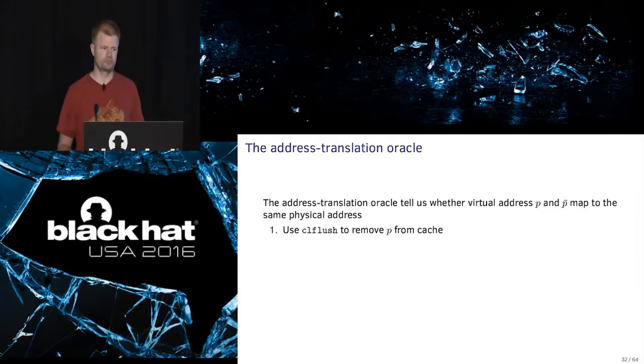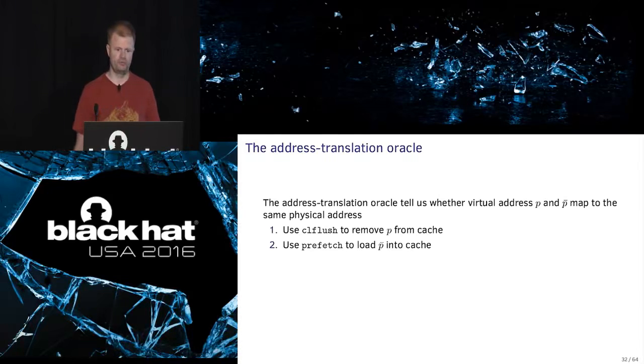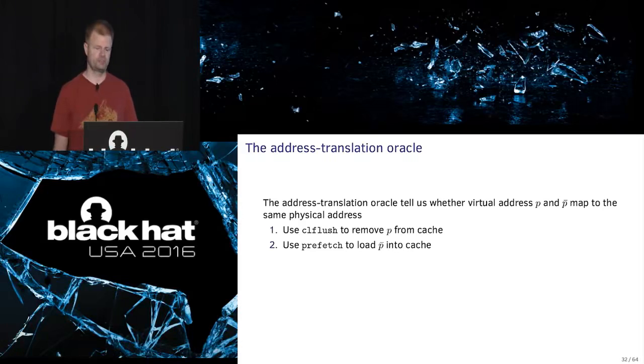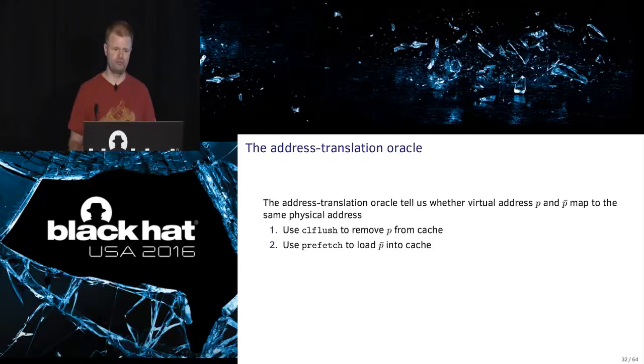The CLFLUSH instruction actually does cause an access violation. This means that this has to be a user mode address where we have access. The second step is we use the prefetch instruction to load P bar into the cache. Remember, the prefetch instruction doesn't check privileges, meaning that P bar can be a kernel mode address.